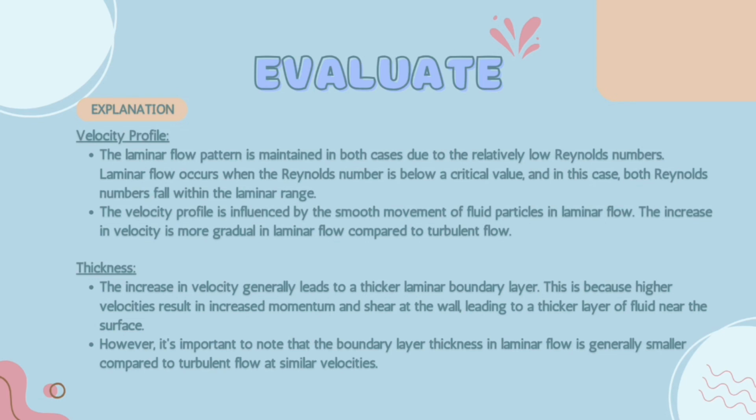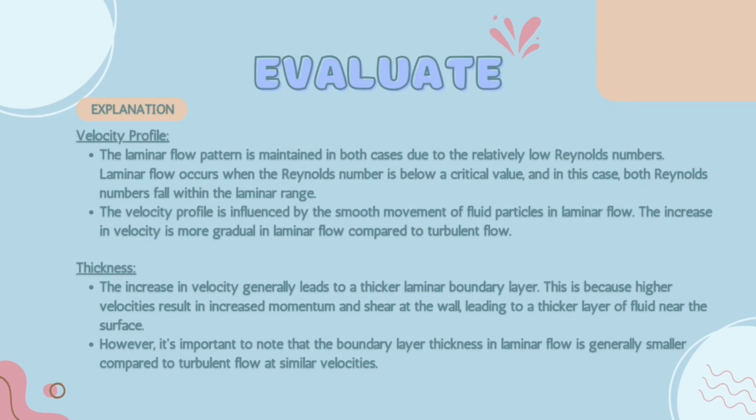For velocity profile, the laminar flow pattern is maintained in both cases due to its relatively low Reynolds number. Laminar flow occurs when the Reynolds number is below a critical value. In this case, both Reynolds numbers fall within the laminar range. The velocity profile is influenced by the smooth movement of fluid particles in laminar flow. The increase in velocity is more gradual in laminar flow compared to turbulent flow.